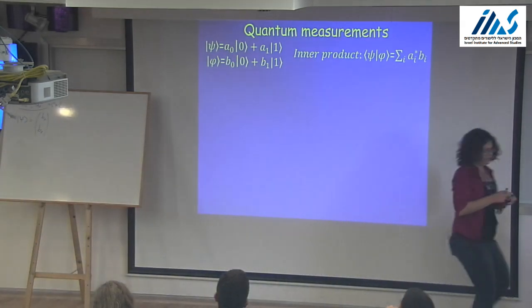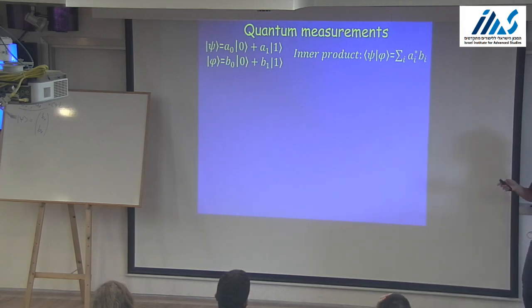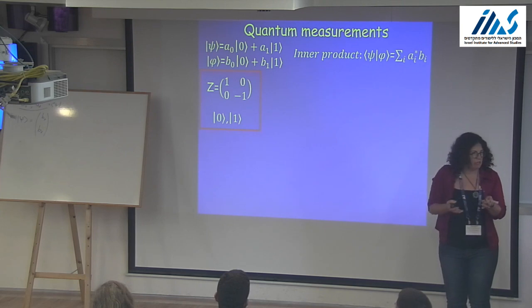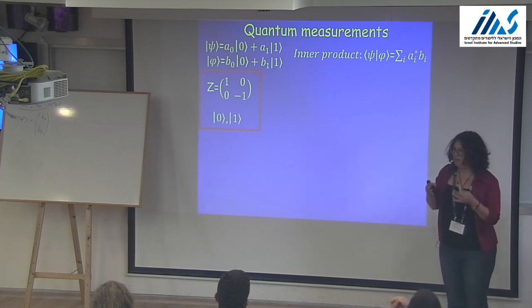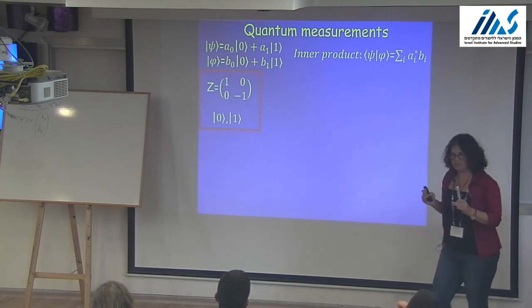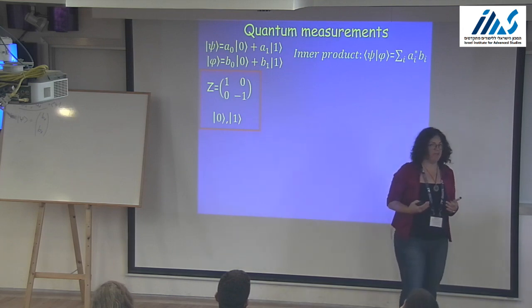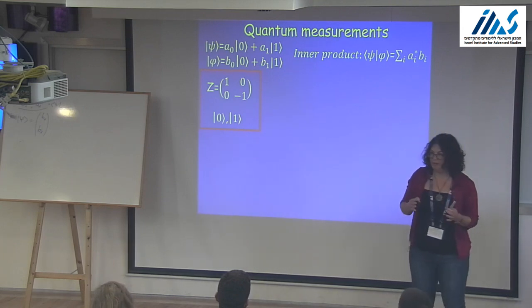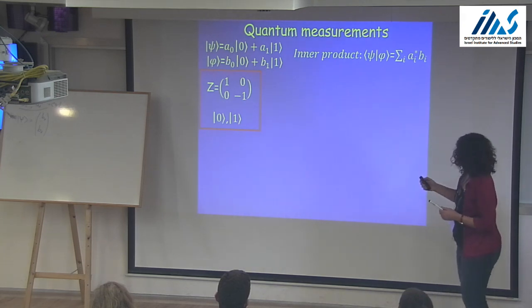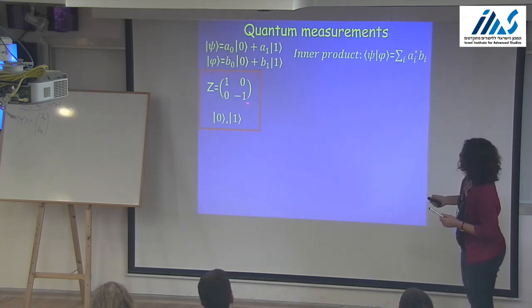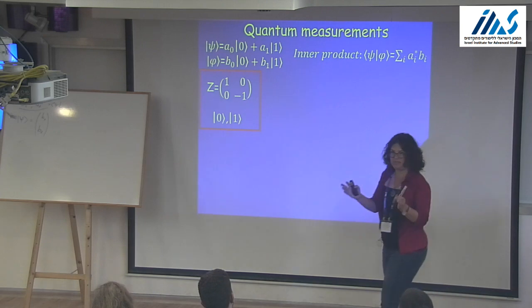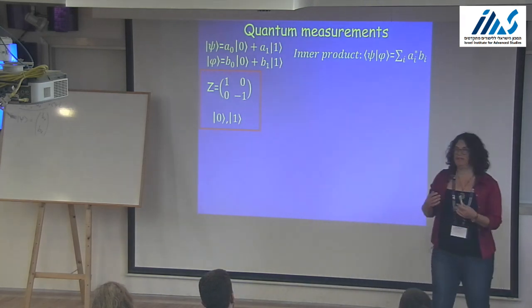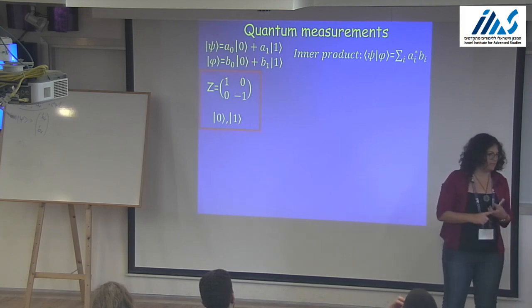Okay. And now suppose we want to apply a measurement on this. Well, we need to say what do we want to measure? And by this, the way physics describes it, or the way we are going to describe it, is by what's called an observable, that is a Hermitian operator. For example, this Z, that's a Hermitian operator. And the point is that this Hermitian operator can be diagonalized, and it has eigenvalues and eigenspaces.